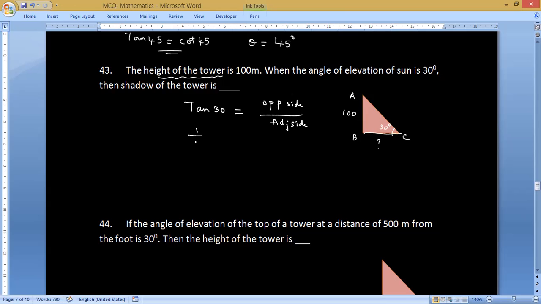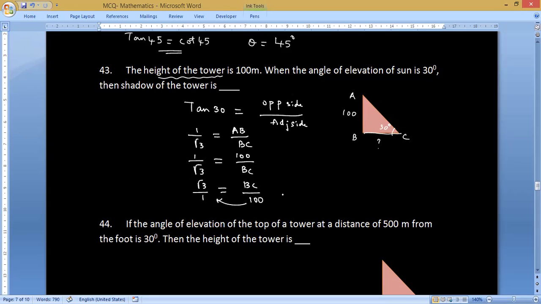Tan 30 is 1 by root 3. Opposite is AB. Adjacent is BC. So 1 by root 3 equals AB, which is 100, by BC, which we don't know. We take the reciprocal of both LHS and RHS. Root 3 by 1 is equal to BC by 100.